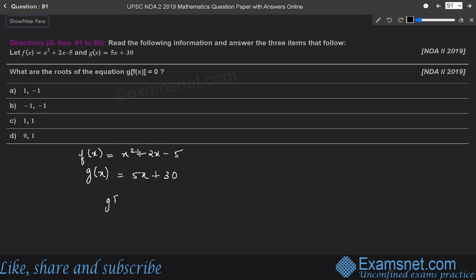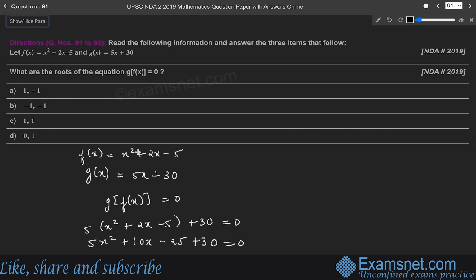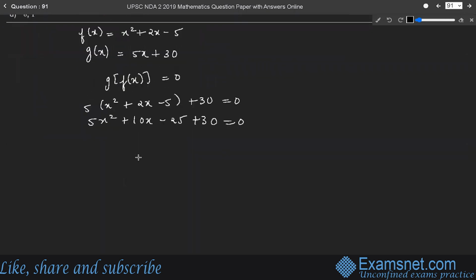We know that g of f of x will be equal to 0. So 5 into (x^2 plus 2x minus 5) plus 30 will be equal to 0. So 5x^2 plus 10x minus 25 plus 30 will be equal to 0. On further solving, it will be 5x^2 plus 10x plus 5 is equal to 0.